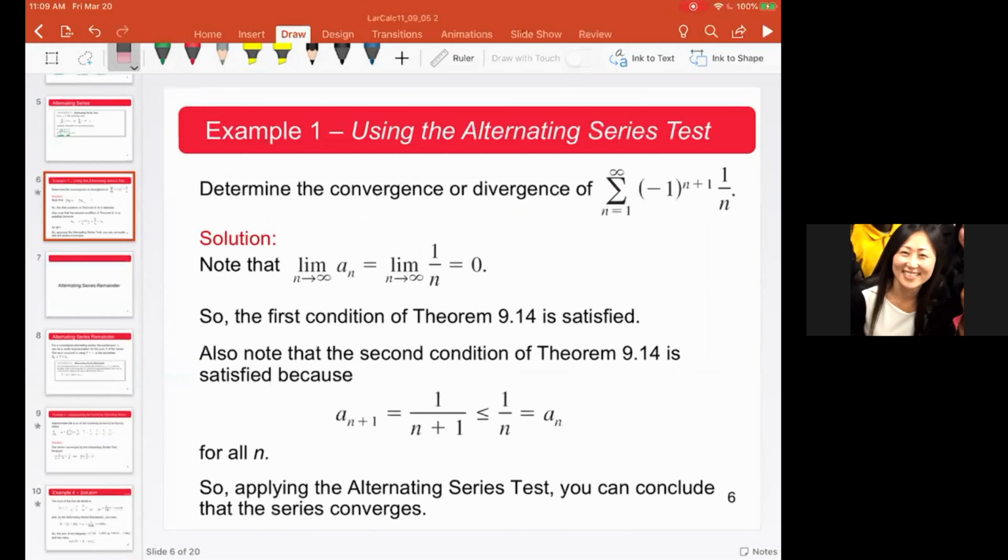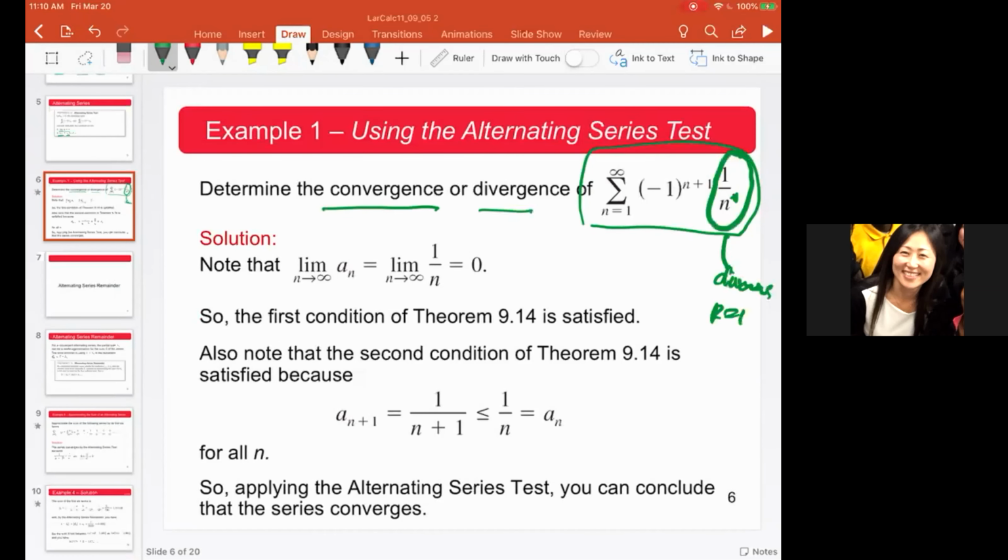All right, determine the convergence or divergence of this series. If we just look at this part, this series is supposed to diverge, because it's a p-series with p equal to 1, which is not greater than 1.